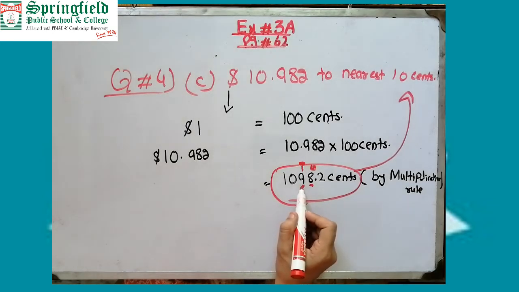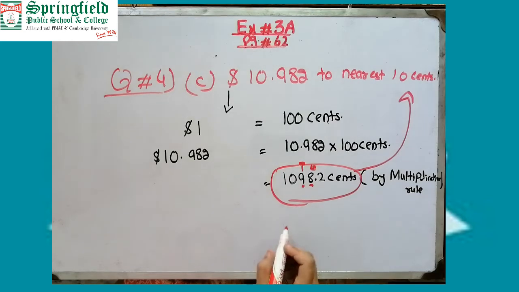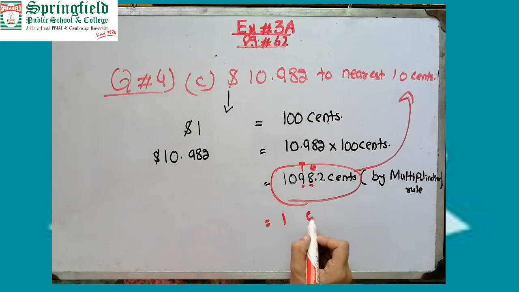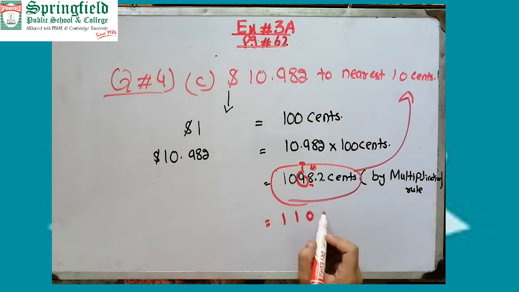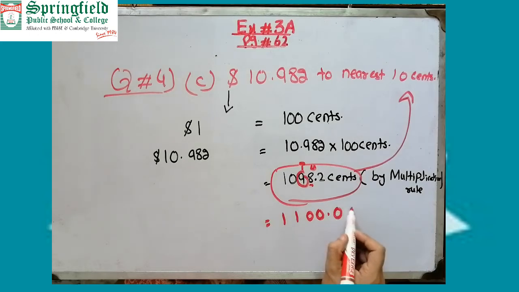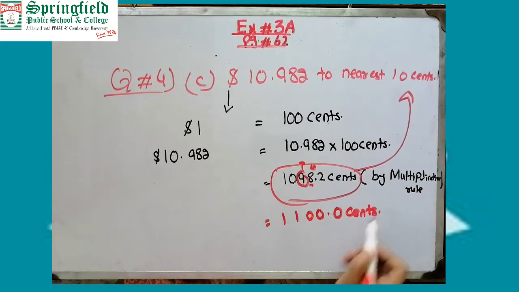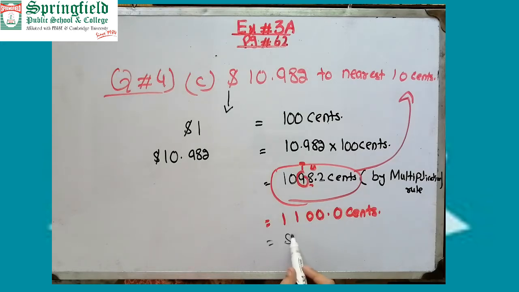The 9 is at the tens place, so it will become 1. 9 becomes 0 and carries 1, so it becomes 1, 1, 0, and all the following digits become 0. It means 1100 cents.